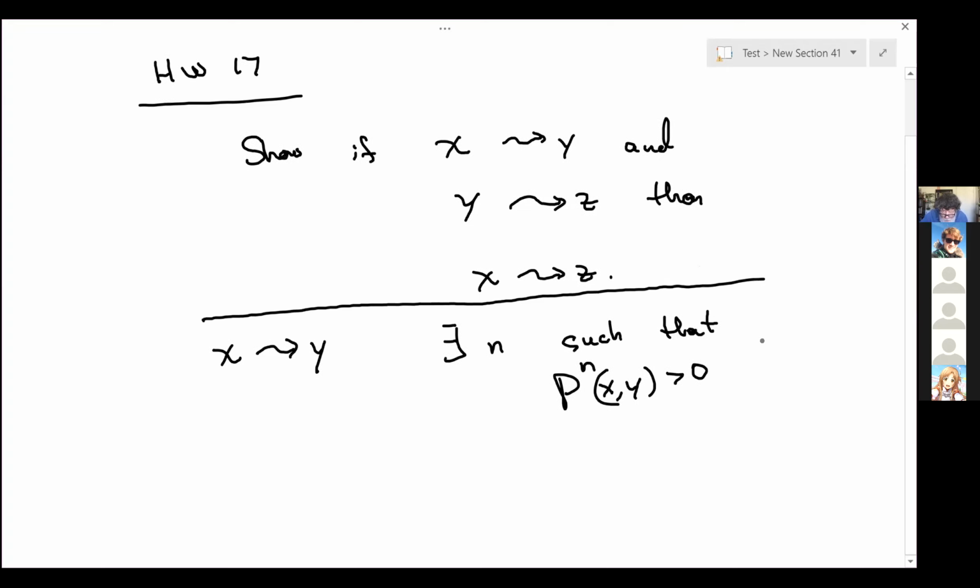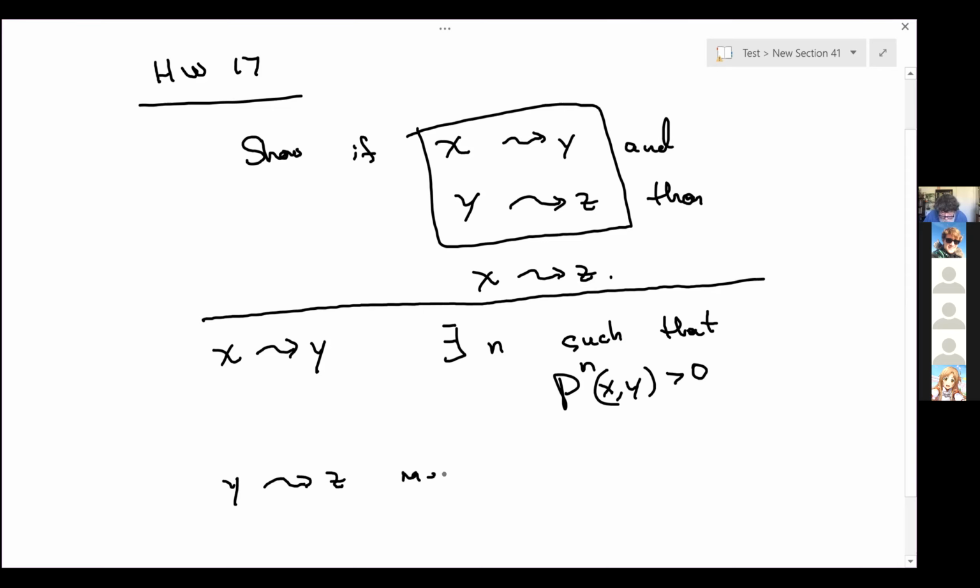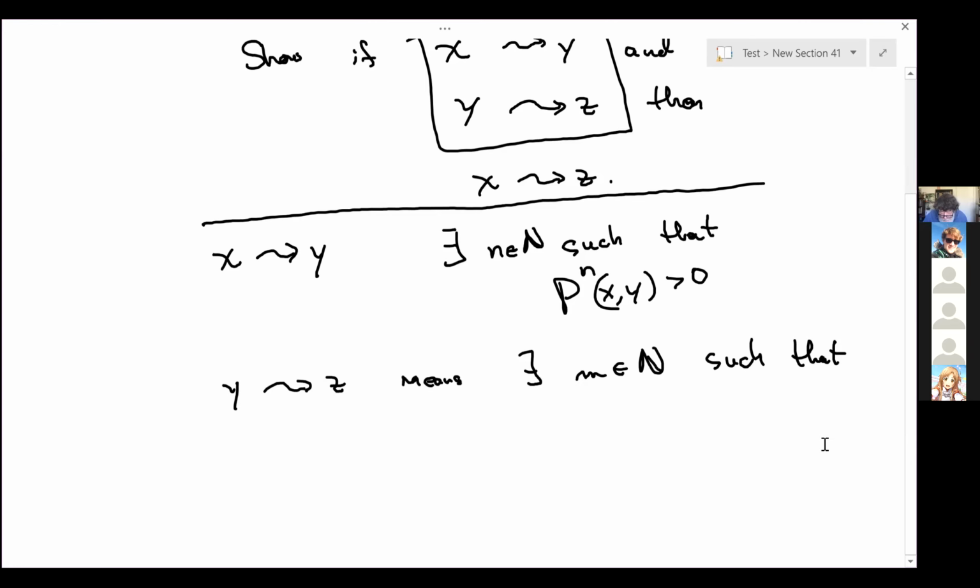But then, okay, so I think I'm using your idea, but I'm probably filling in a detail or two. So I'm using this, and then that's using this. Then what is this? We get to assume both of these, right? So Y leads to Z means there exists some integer, these are integers, such that what?